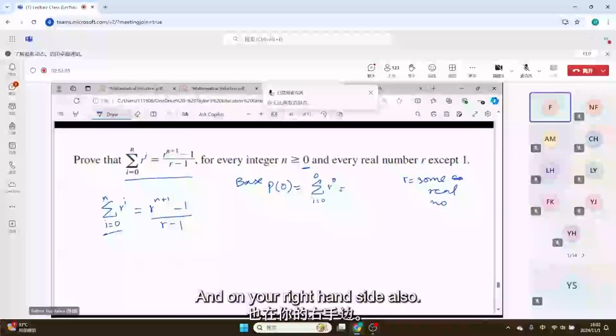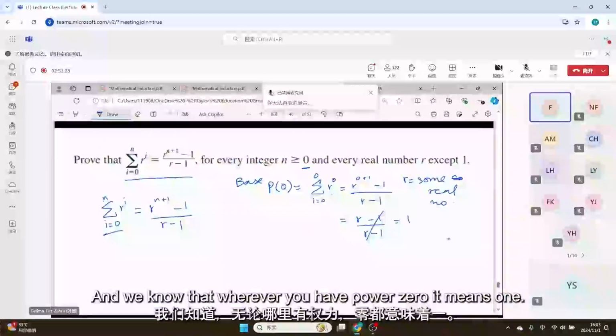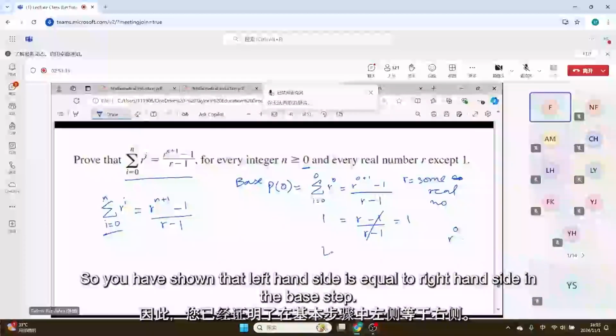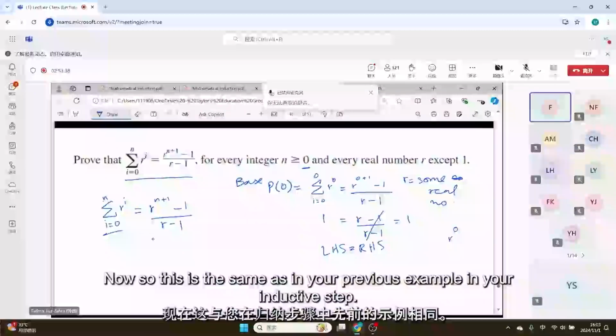And on your right hand side also, r to the power 0 plus 1 over r minus 1. And we know that wherever you have power 0, it means 1. So you have shown that left hand side is equal to right hand side in the base step. This is the same as in your previous example.